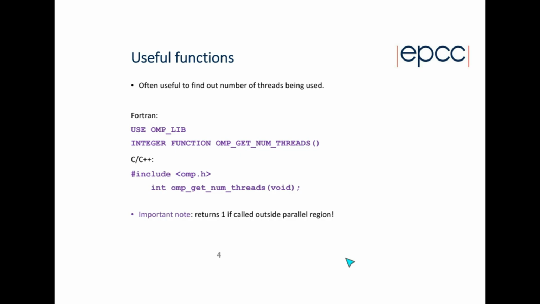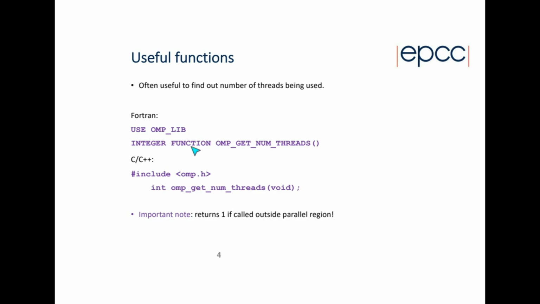So this is a place where we're going to introduce the runtime library part of the API. First of all, how many threads are being used? This is returned by the function OMP get num threads.